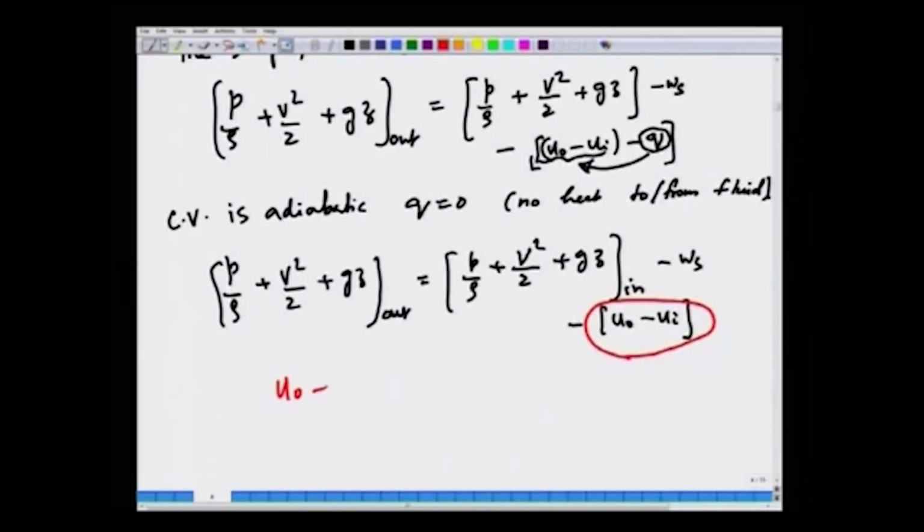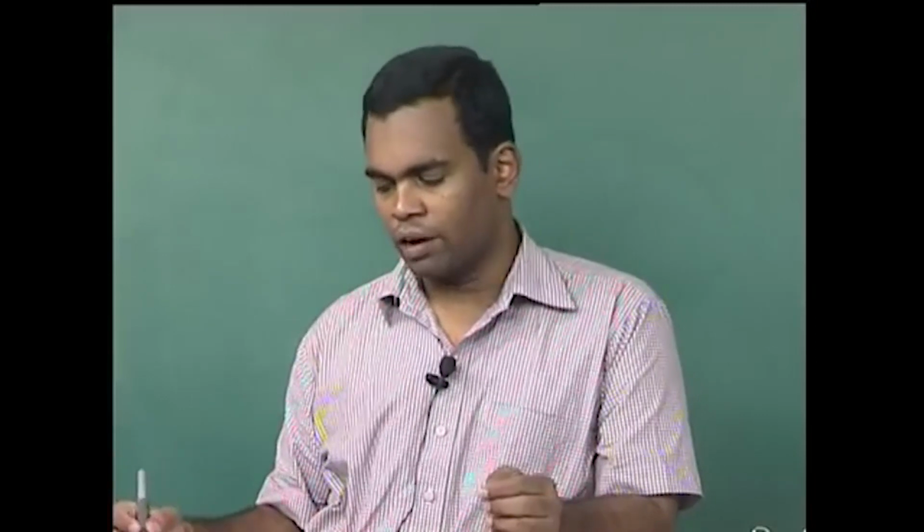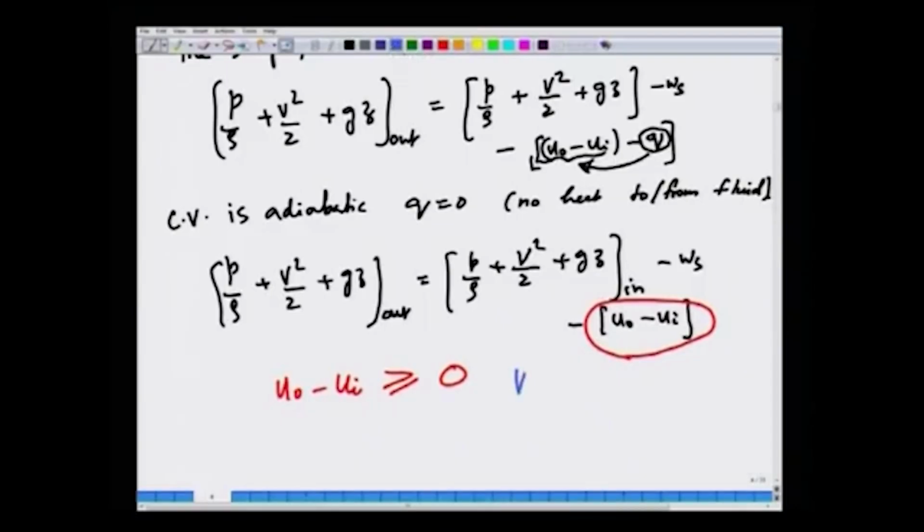So, U out minus U in is always greater than or equal to 0. The equality happens when you consider a fluid with 0 viscosity. Of course, there is no real fluid with 0 viscosity, but if you consider a hypothetical or ideal fluid that has 0 viscosity, then you will have no conversion of mechanical energy to internal energy. This is called the viscous dissipation of energy.